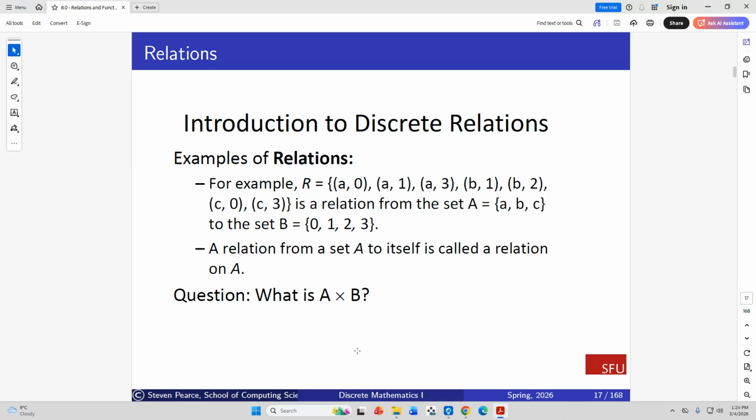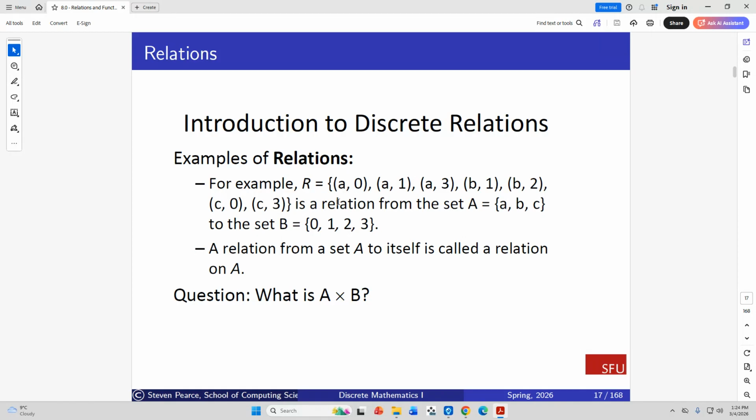So examples of relations. For example, R, a relation, could be {(a,0), (a,1), (a,3), (b,1), (b,2), (c,0), (c,3)}. That's a relation from the set A = {a, b, c} to the set {0, 1, 2, 3}.